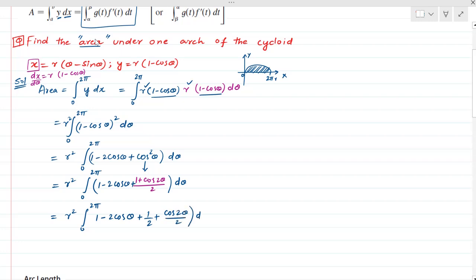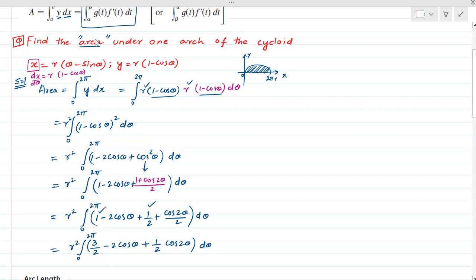So I just separate the 1 over 2 here. Now I will simplify 1 plus 1 over 2, which is equal to 3 over 2, minus 2 cosine theta plus 1 over 2 into cosine 2 theta. This is d theta, and the integral is the same 0 to 2 pi and r square.